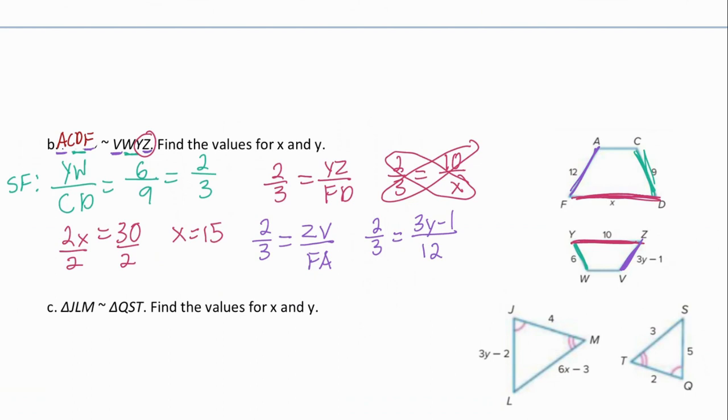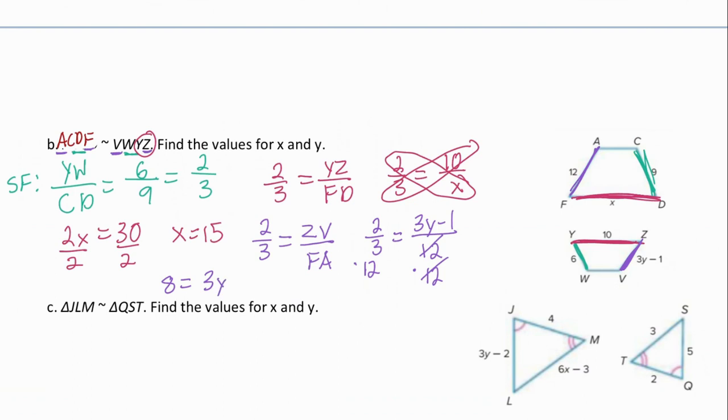This time it may not be the best idea to cross multiply. Instead, we can multiply just both sides by 12. Because if we cross multiply, we do need to worry about distributing out to that 3y minus 1. So I'm just going to multiply. So 12 times 2/3. 12 times 2 is going to be 24. Divided by 3 is going to be 8. So we'll get that 8 equals, and then on the other side, those will cancel.